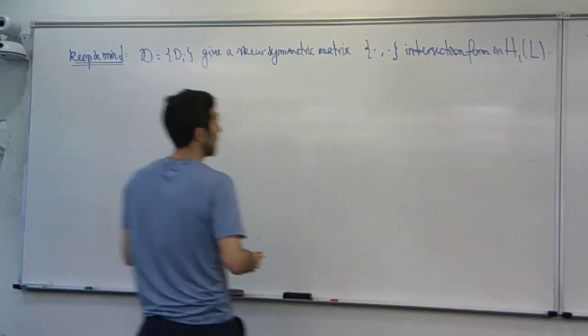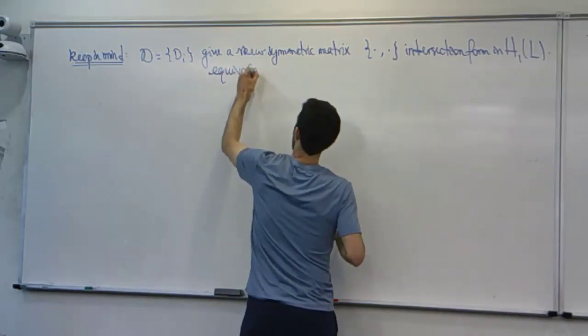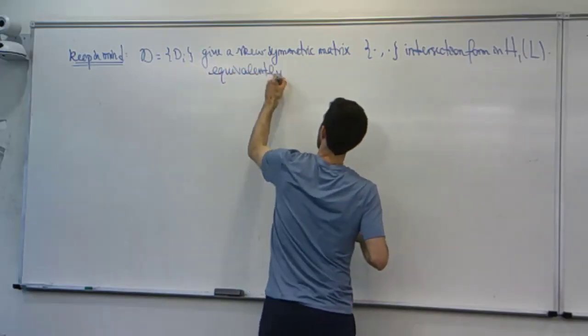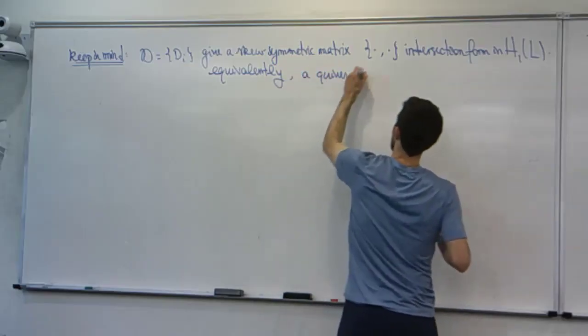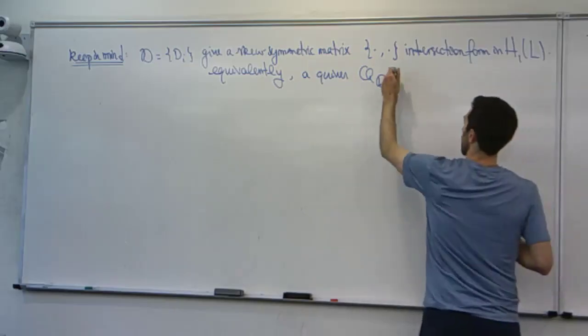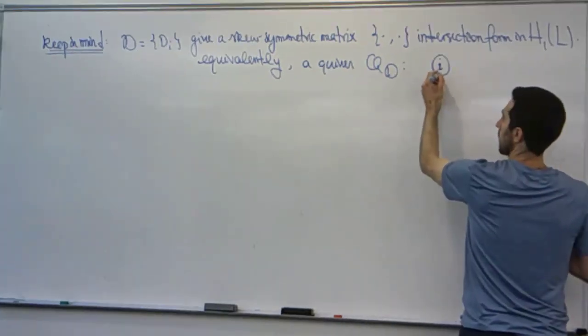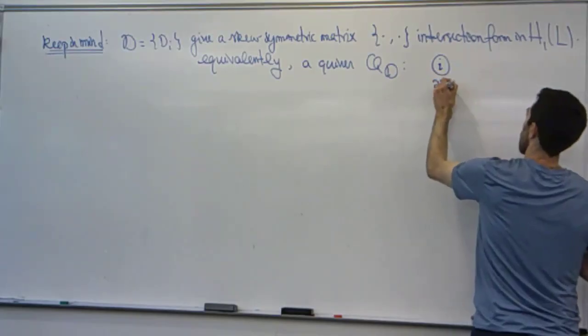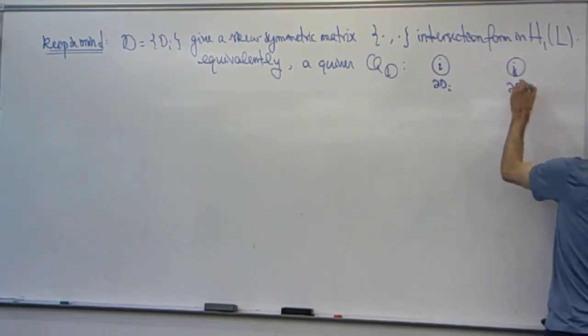Another way to say that, equivalently, this is the information of a quiver. Equivalently, a quiver. And I'm going to denote this quiver Q sub D. So what is the quiver saying? The quiver has as vertex I the boundary of D_I, as vertex J the boundary of D_J.